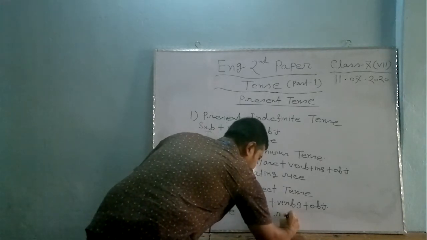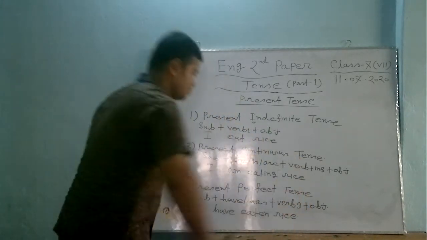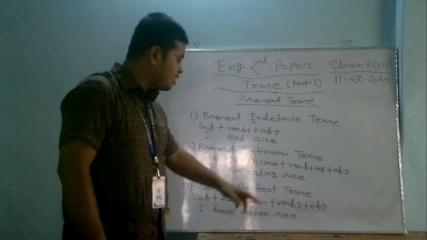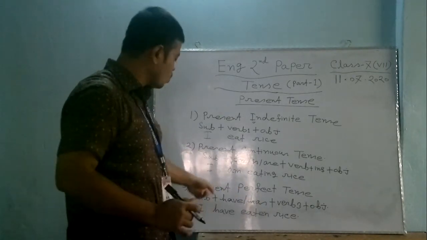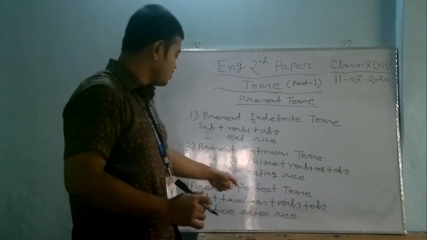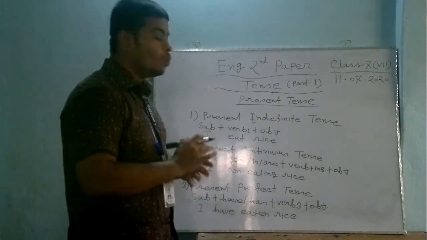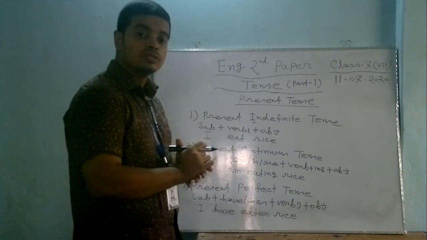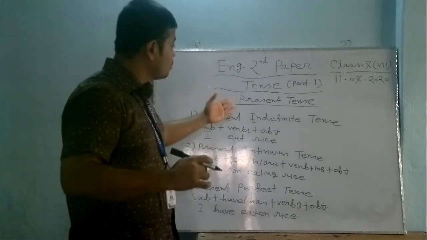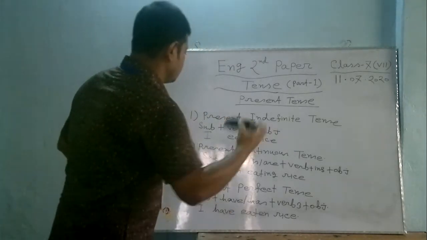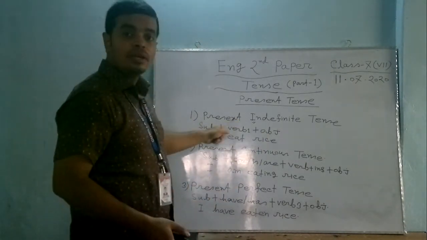Then object is rice. I have eaten rice. This is one example sentence of present perfect tense. Now we want to go to present perfect continuous tense, which is another part of present tense. I think you should write everything in your script.